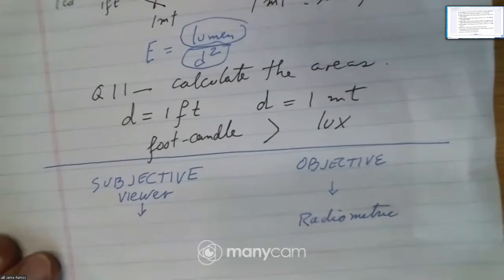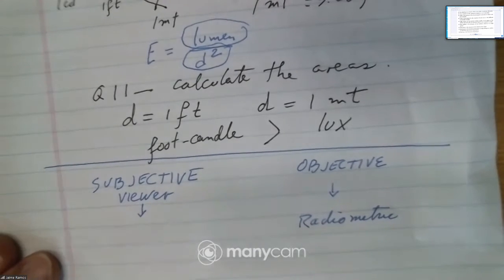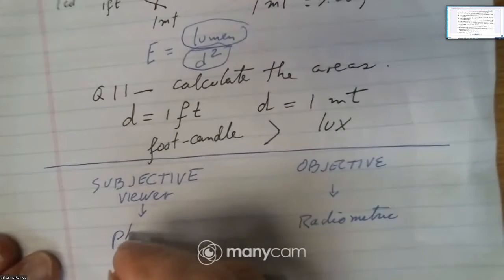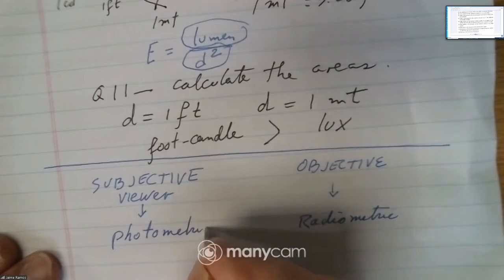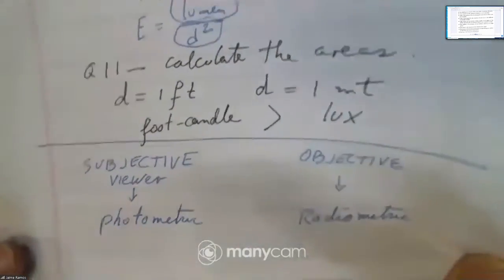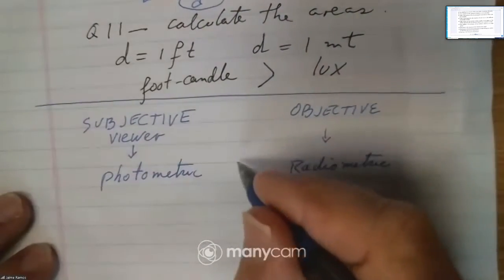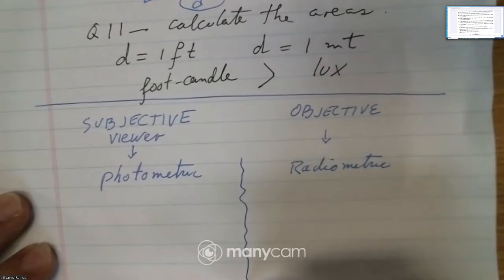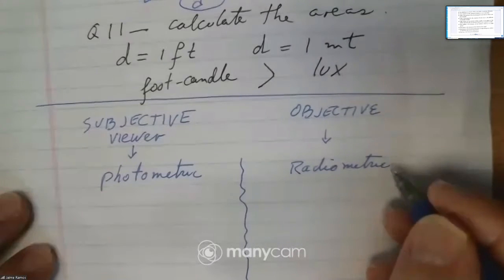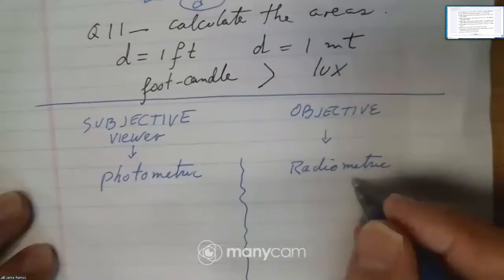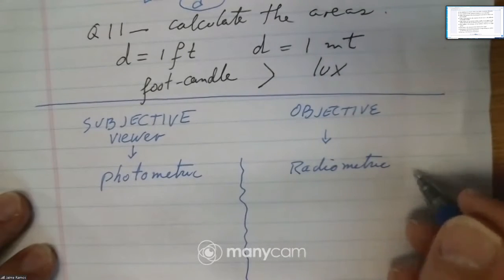What's the name? Radio... photometric. Look, we have here a division of unit, radiometric. So how do we measure radiation?